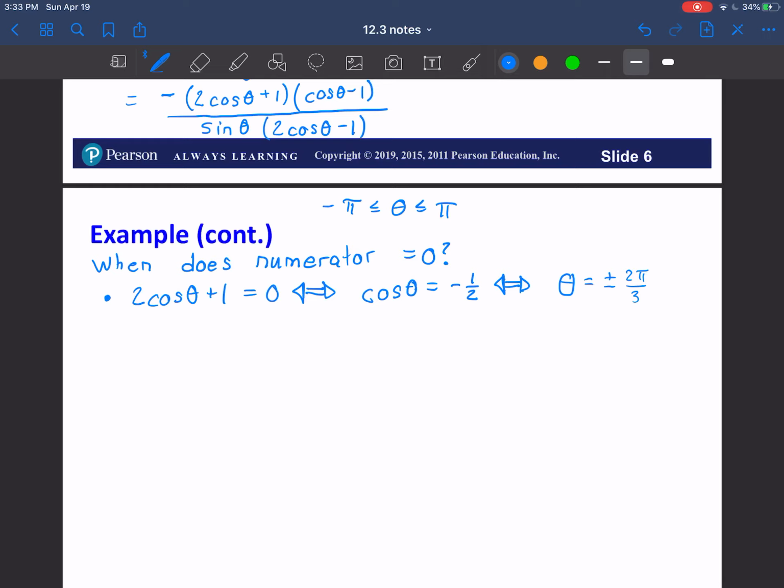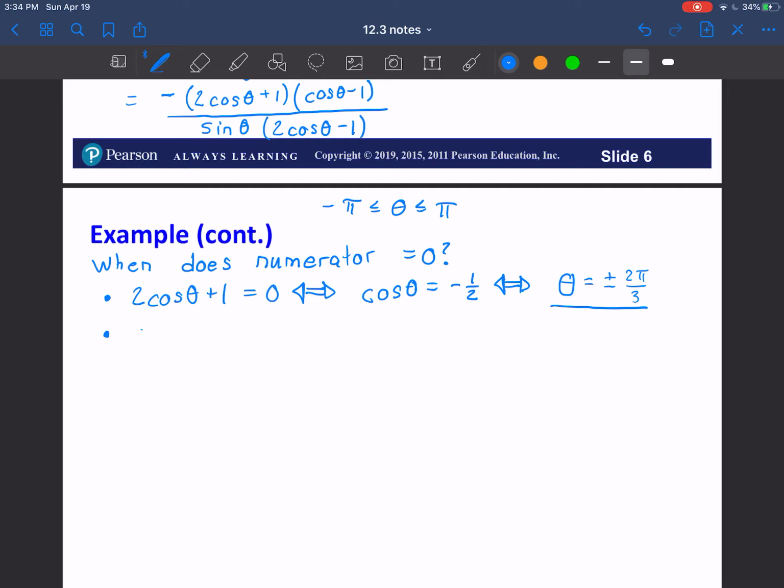On the unit circle, the cosine of theta is equal to negative 1/2. Oh, right, this is negative pi to positive pi. Okay, sorry, I was getting confused. So negative 1/2 occurs at these two angles, which is plus or minus 2 pi over 3. Right, okay. So that's when that occurs.